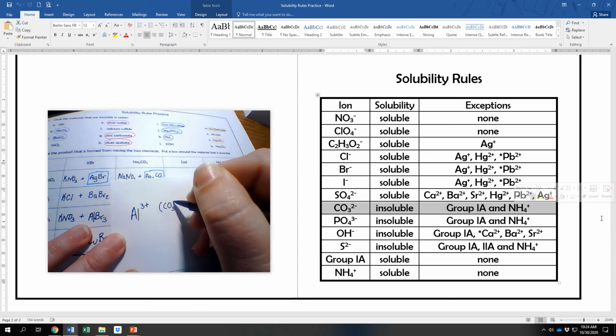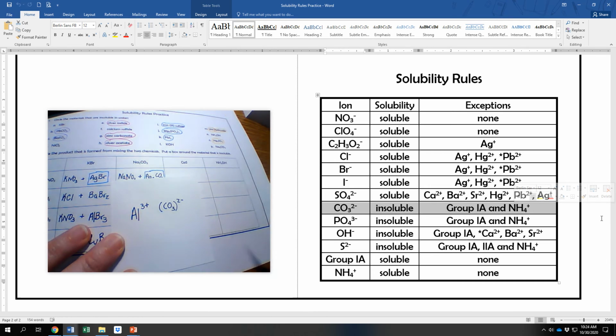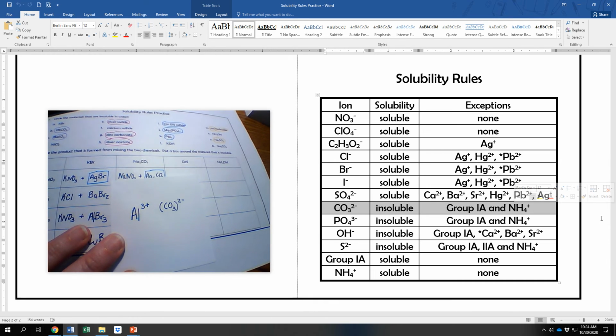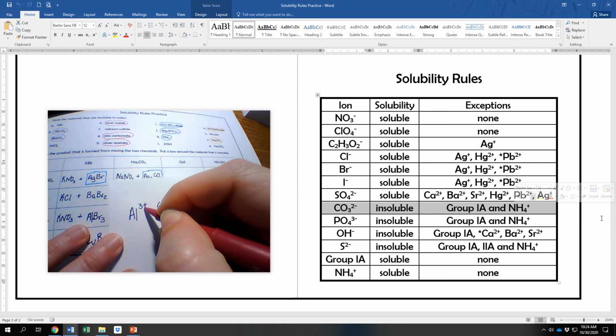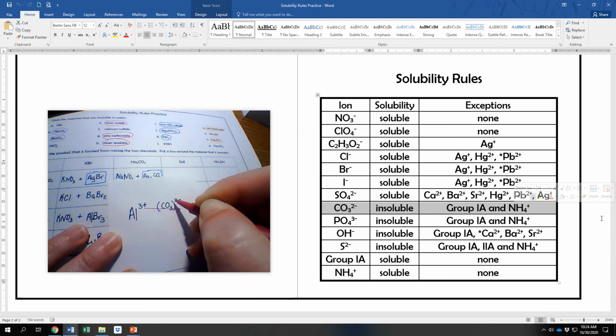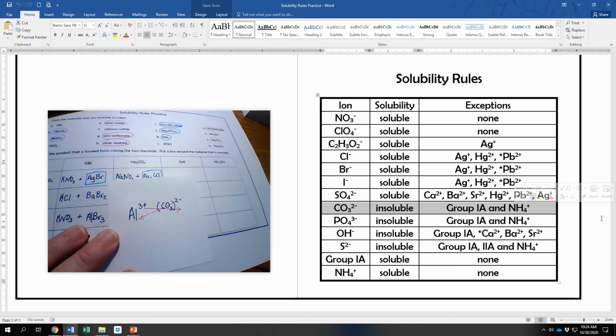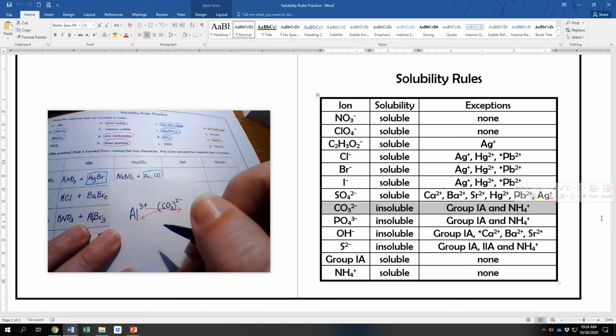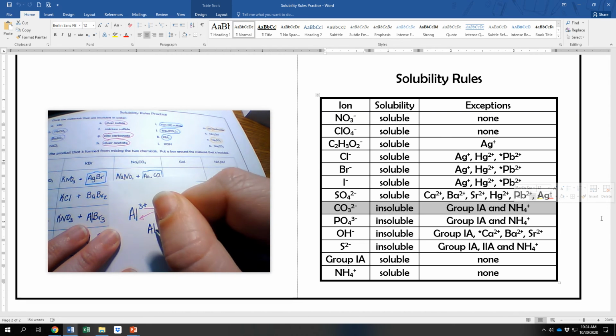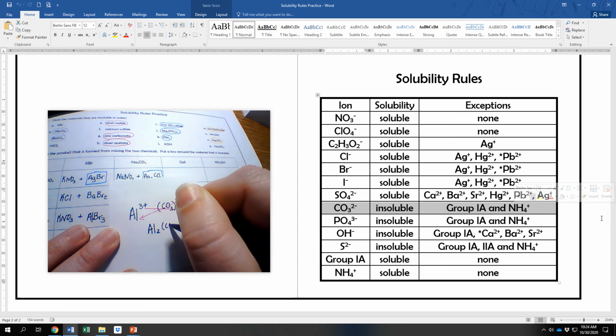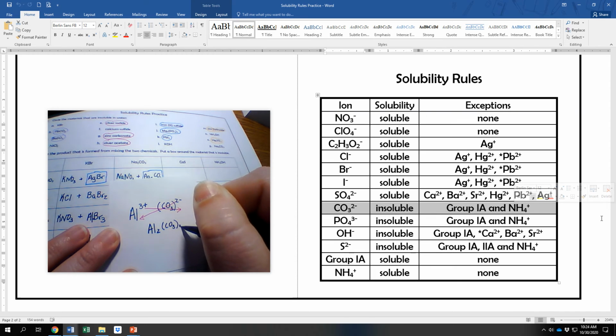Carbonate is CO3 2 minus. If we do the crisscross, we bring this 3 down here, this 2 down here. We see the formula is Al2(CO3)3.